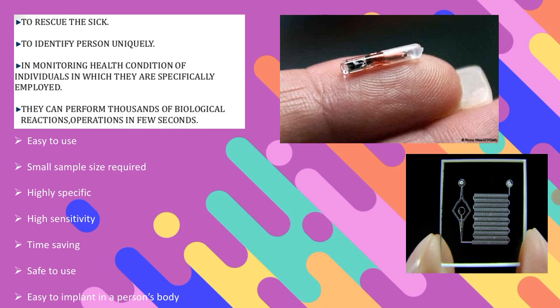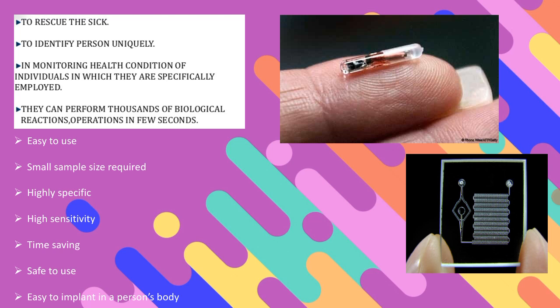As we know, everyone's genes are unique, so depending on that uniqueness, we can identify that person. Then biochips are specifically employed in monitoring the health condition of the individual, and they are majorly used for this purpose.